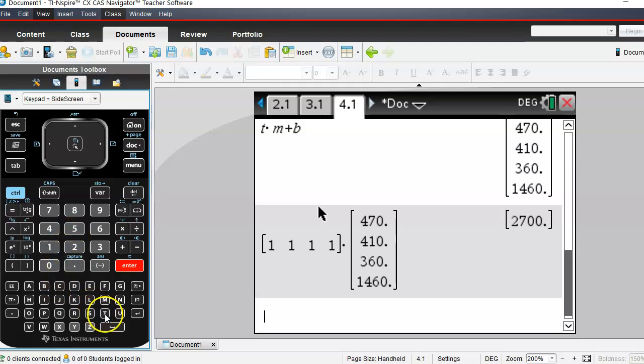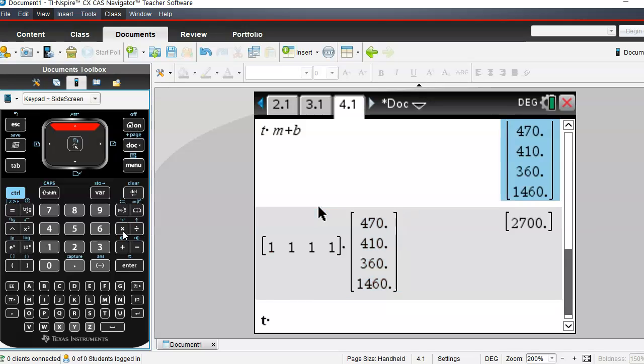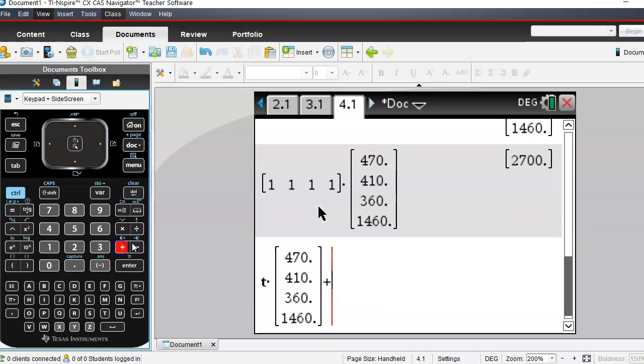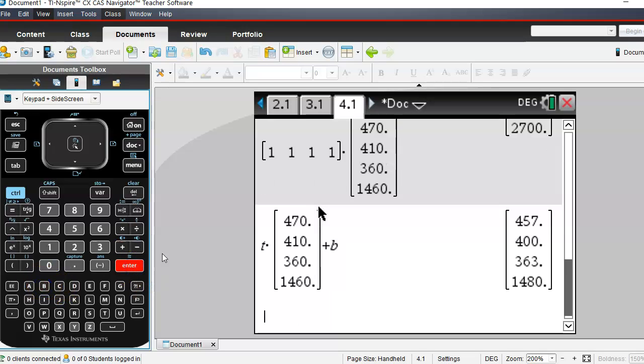So our M2 is our transition matrix times our M1 plus B, is that. So I'll write down the matrix: 457, 400, 363, 1480.